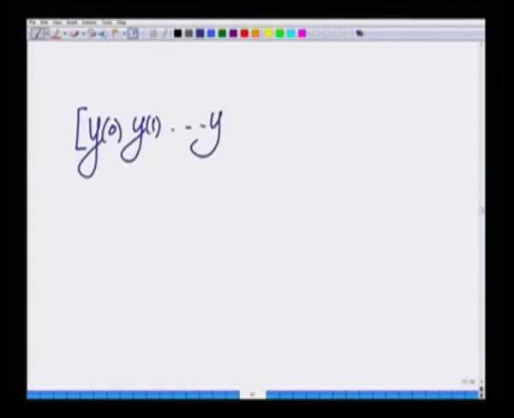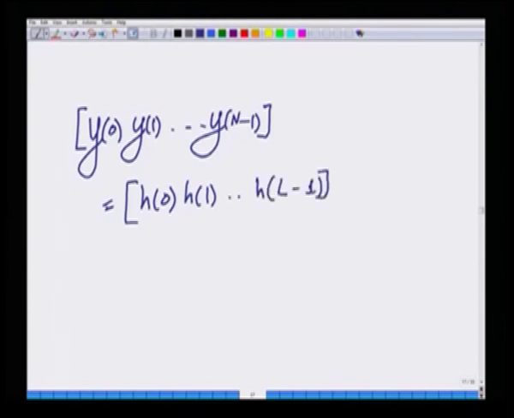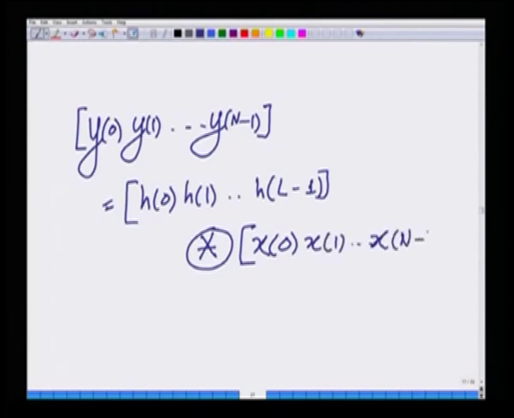y1, yn minus 1 is nothing but the channel filter h0, h1, hl minus 1, appropriately zero padded because they have to be the same length, circularly convolved with x0, x1, xn minus 1.